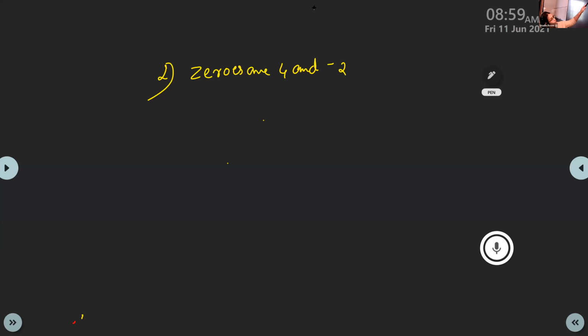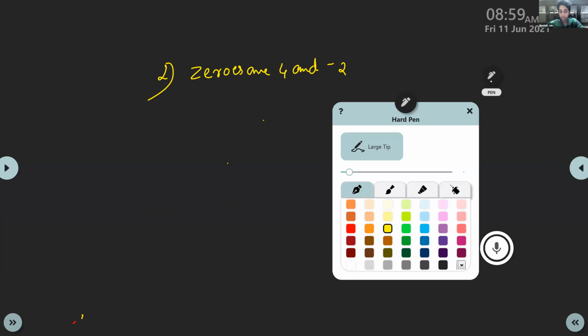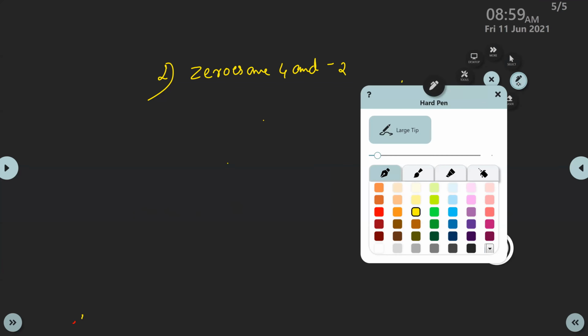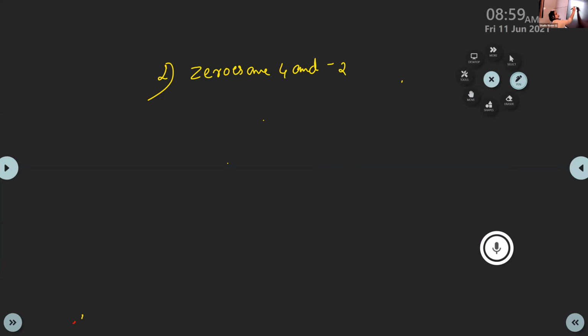What was the answer? Is it x square minus 2x minus 12?